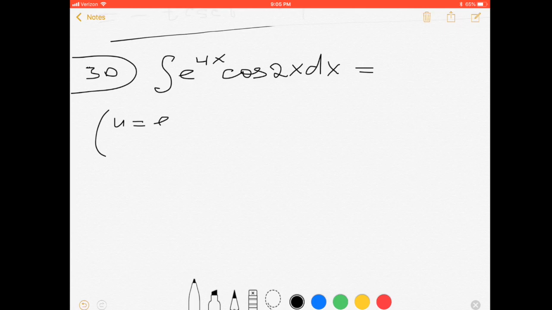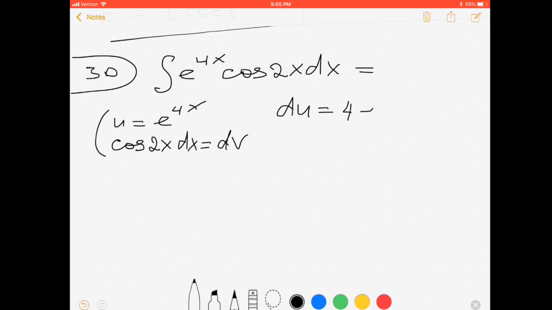Let u be the exponential function, and the trigonometric part will be dv. This means du will be 4e to the 4x dx. And here, the antiderivative for cosine is sine, but because you have coefficient 2 here, v is 1/2 sine 2x.